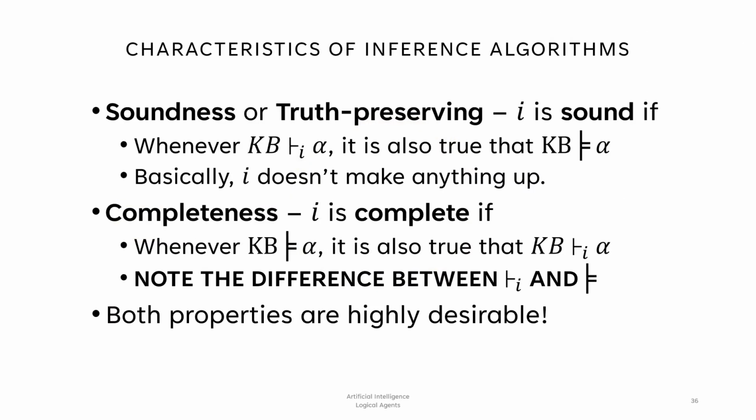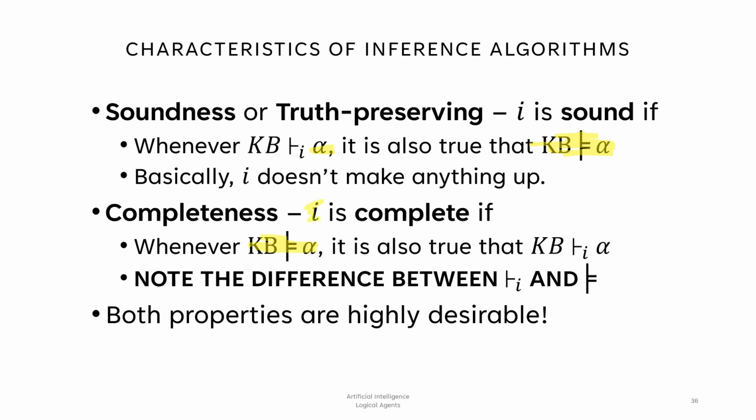There are a couple of characteristics of inference algorithms. If an inference algorithm is sound, that means it doesn't make anything up. If it comes up with a sentence A, then the knowledge base must entail A. Completeness means that the inference algorithm can infer any sentence that is entailed by the knowledge base.